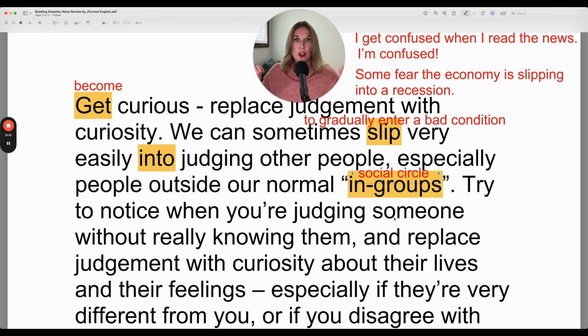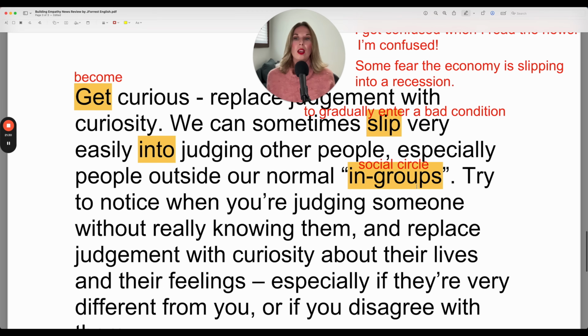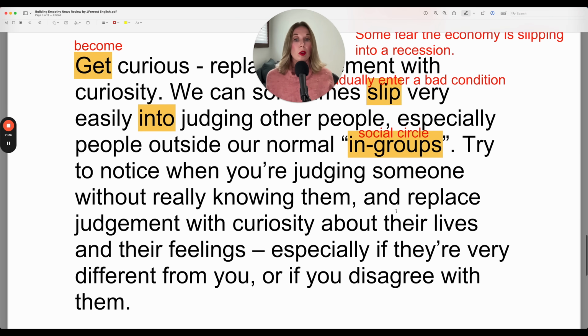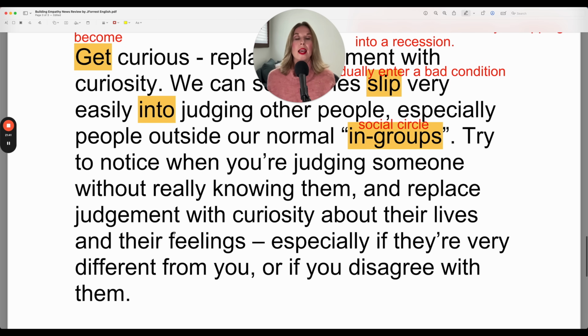We use the term social circle to represent the people. It can be friends, family, coworkers, neighbors. Your social circle is the people you normally socialize with on a day-to-day basis. Try to notice when you're judging someone without really knowing them, and replace judgment with curiosity about their lives and their feelings.